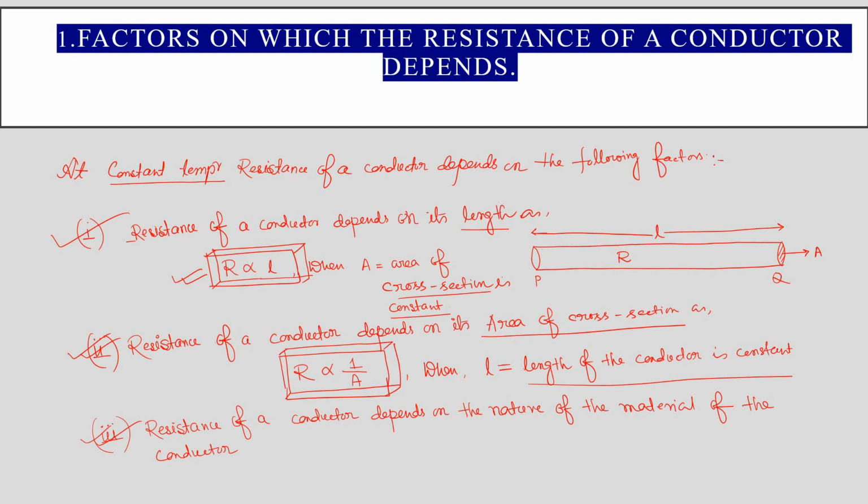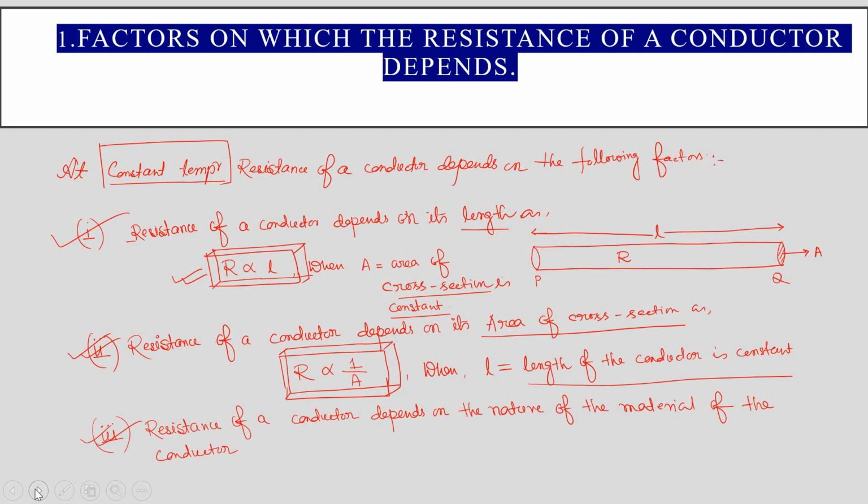So practically there are three factors on which resistance of a conductor depends, at constant temperature: length, area of cross section, and material of the conductor.